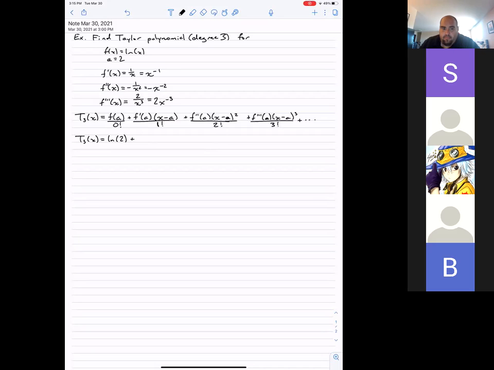Is it ln half times x minus 2? So I have the natural log of a half times x minus 2. And yeah, it would be over 1, but I'll just leave that off for now. Are we okay with this?